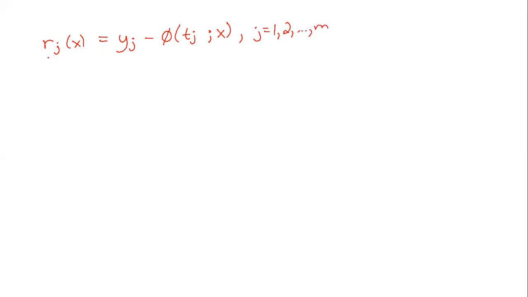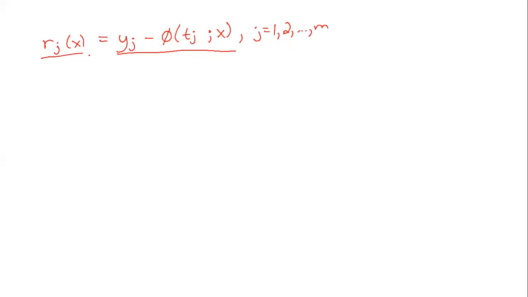So this means that we'll have a residual for every one of our m data points, and each time we will keep the same values of our decision variables, so the parameters of the model, but the t's are different every time and the y's are different every time, and we get the difference between those.